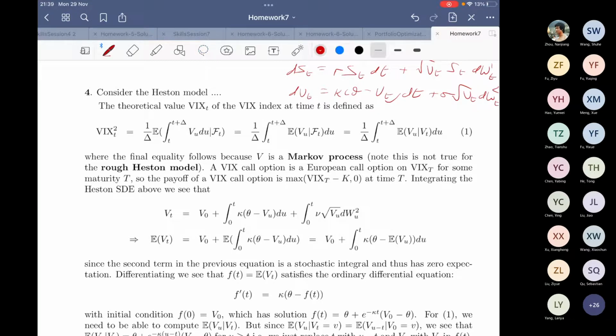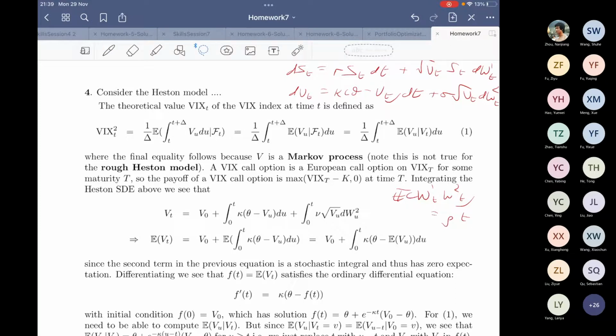And by correlated, I mean W1 and W2 are Brownian motions, and it's also true that the expected value of W1t times W2t is equal to rho t. But I won't go into the detail. I'm not going to need it.